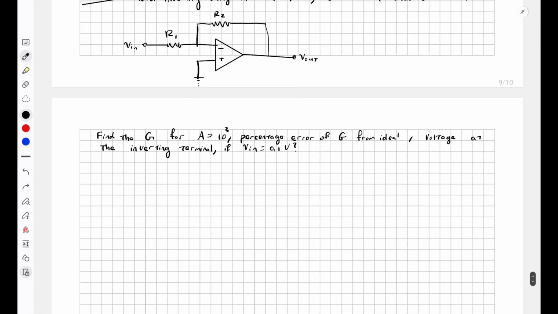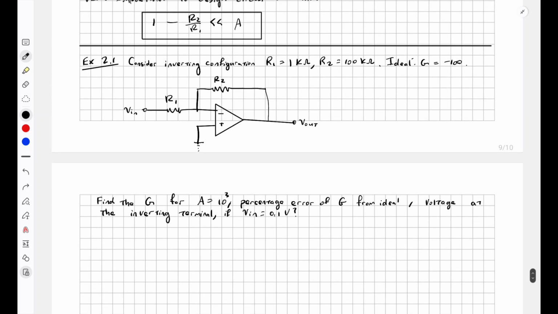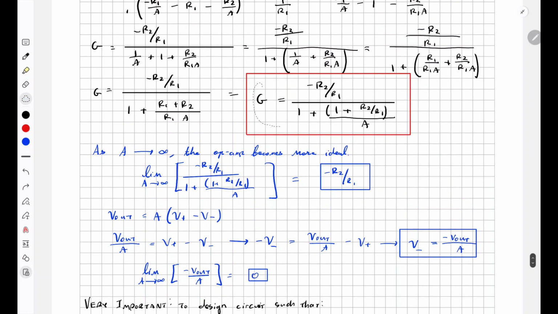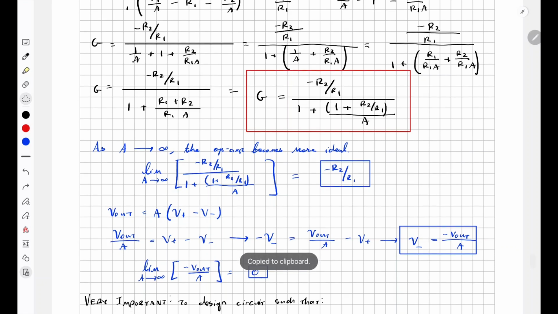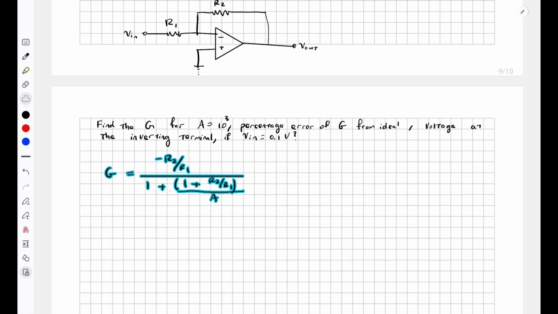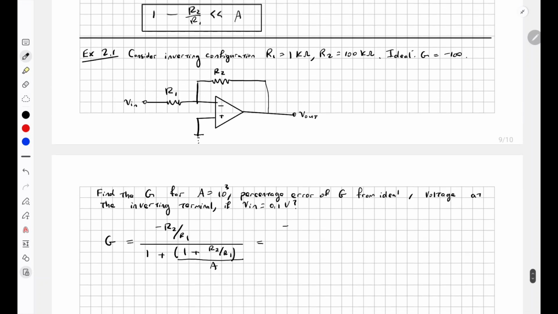So first, let's find the closed loop gain. We can just use the formula that we derived earlier. This is the formula that you use to calculate the closed loop gain when the op-amp is not ideal. We can just plug in the values.